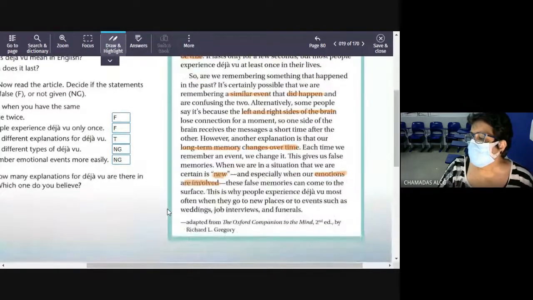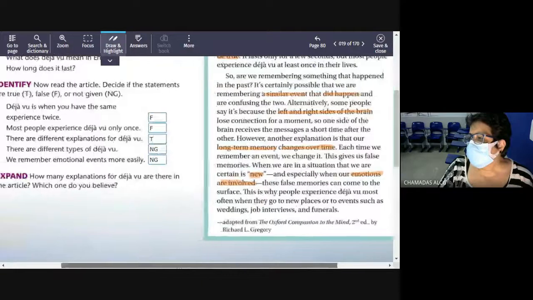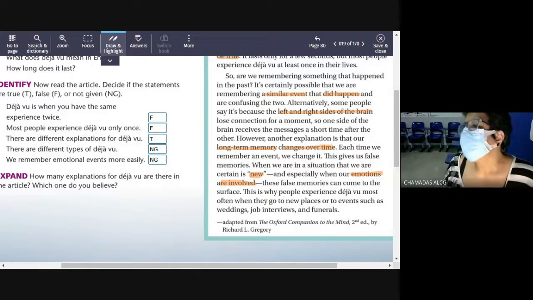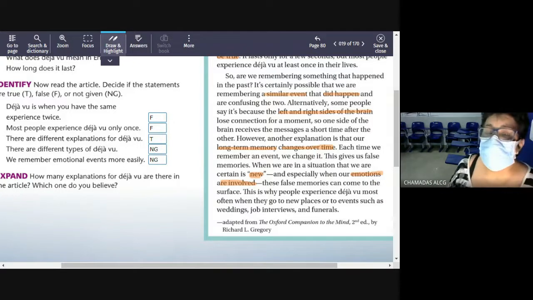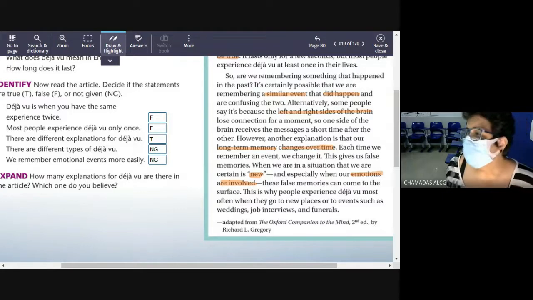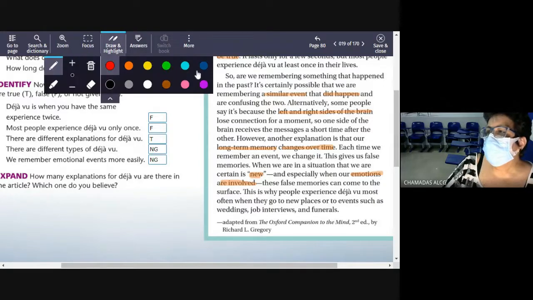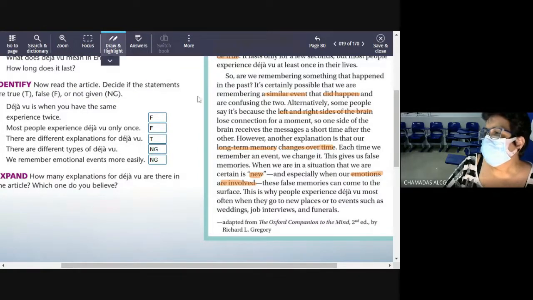So I think it can be a mix of maybe 1 and 2, I think. What do you think? No, 1 and 3. Sorry.